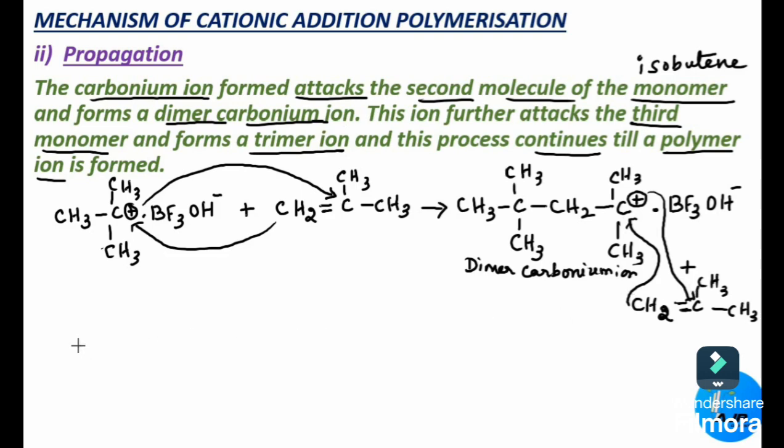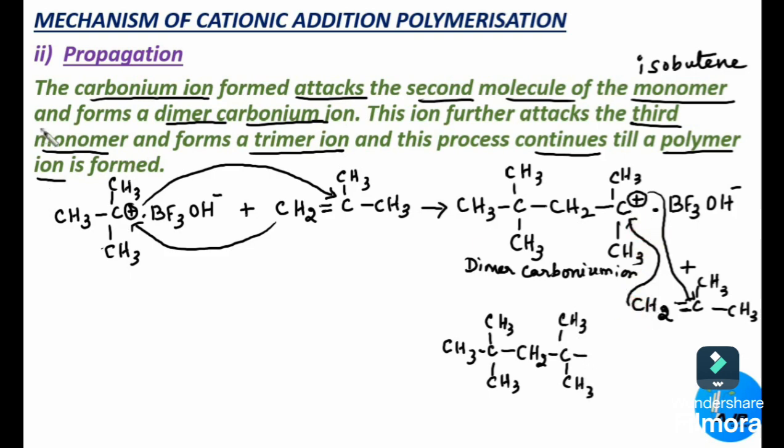Okay, let us write the product now. CH3, single bond C, CH3, CH3. I am writing this, okay. Single bond CH2, single bond C, CH3, again CH3. We are having the CH2.